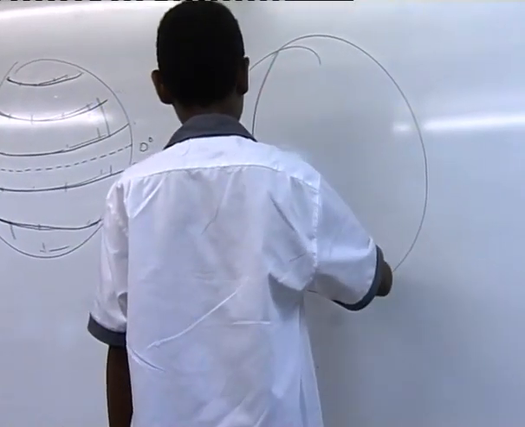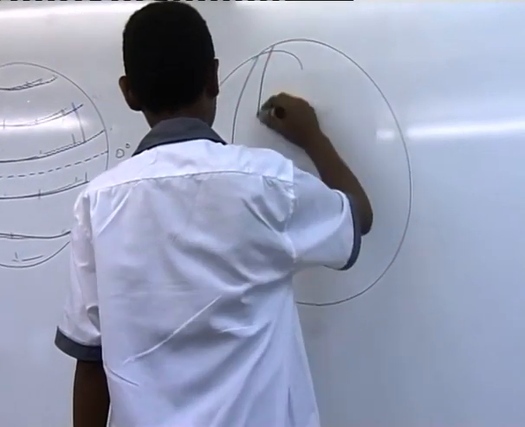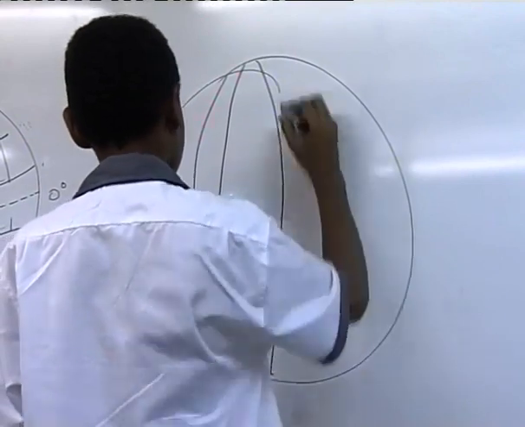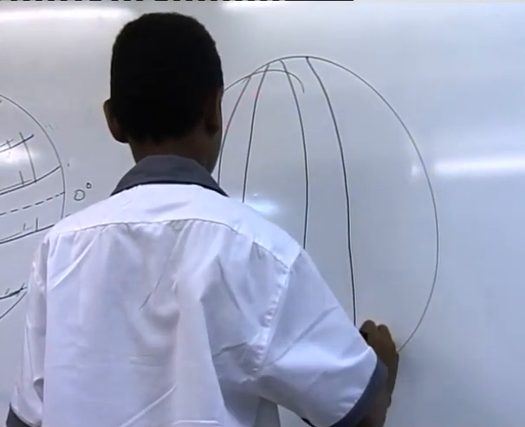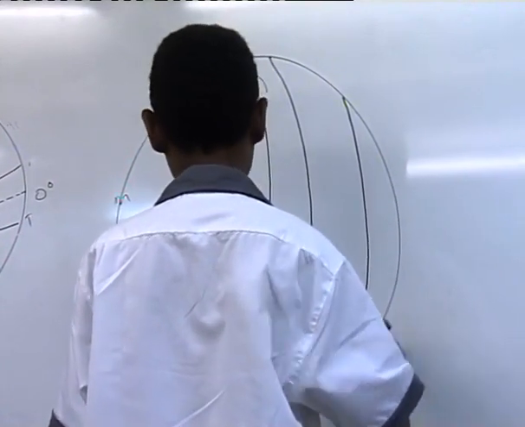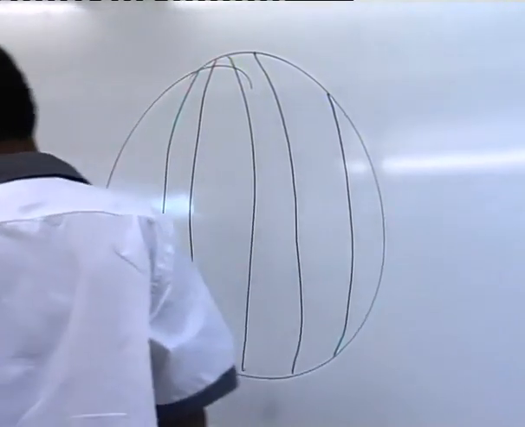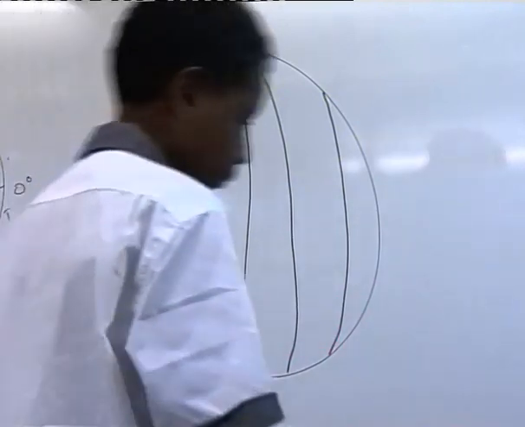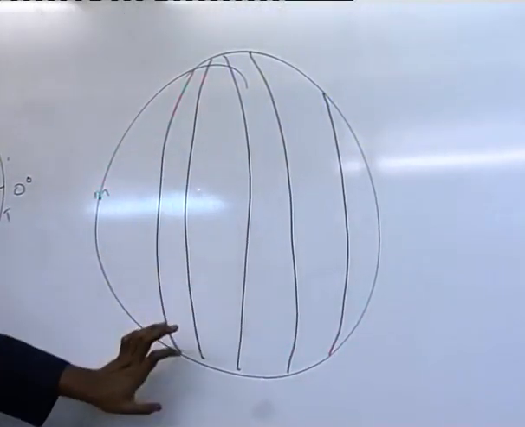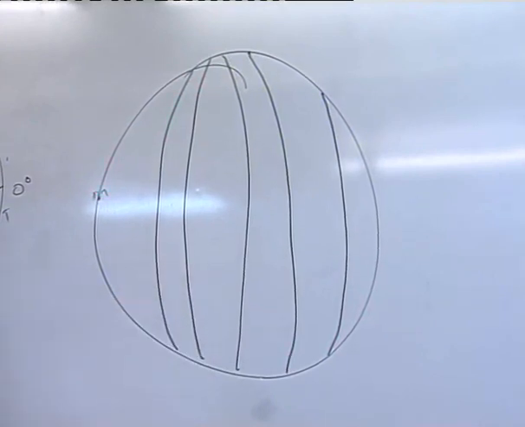Receiving students, go up to the board and draw up your longitude lines. All right, good. So these longitude lines are also measured in what? Centimeters, millimeters? Also in degrees. Latitude and longitude lines.